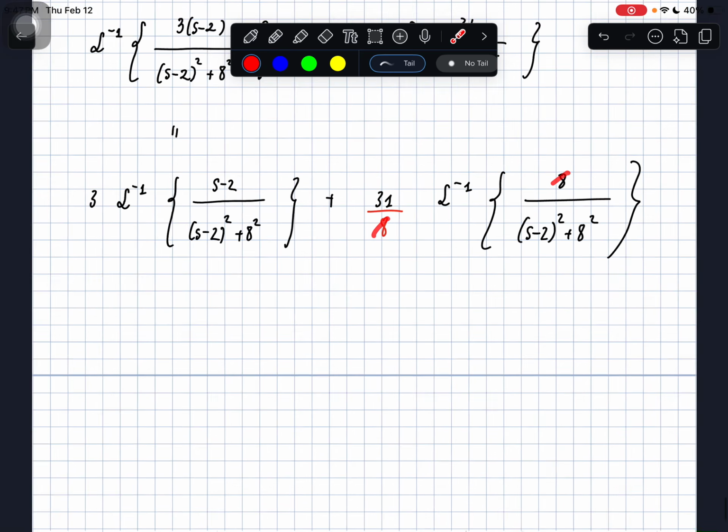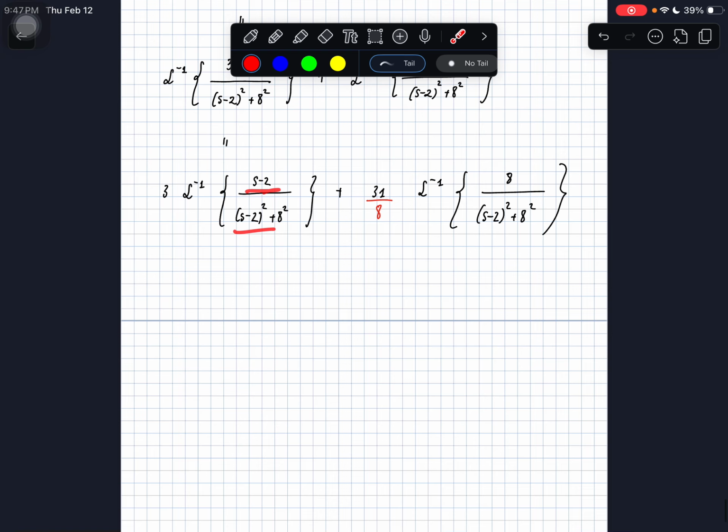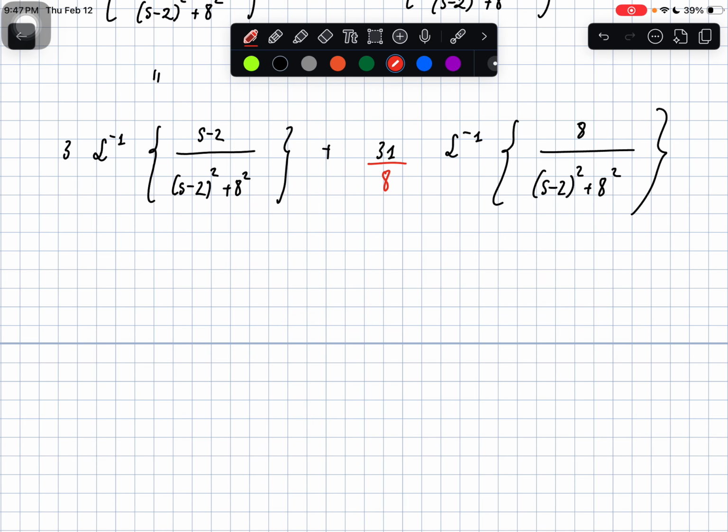Now the translation theorem says that if you have big F(s minus a), think of this as big F(s minus 2), so the function big F would be s over s squared plus 8 squared.